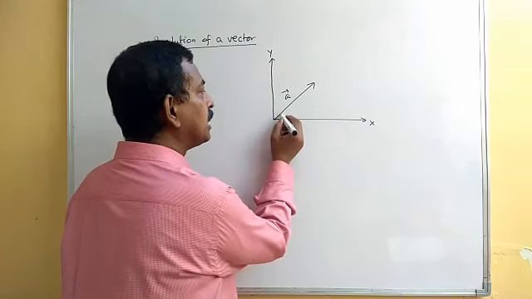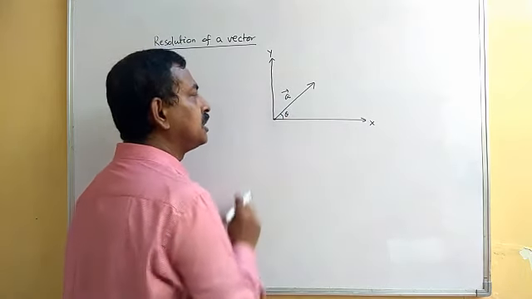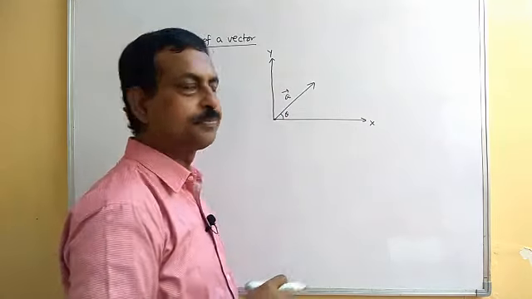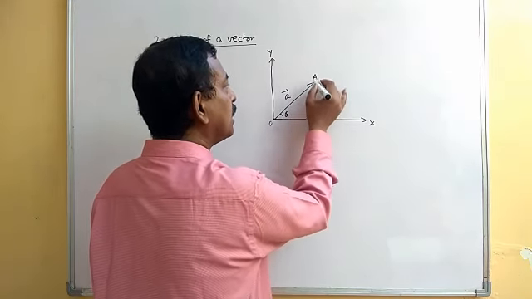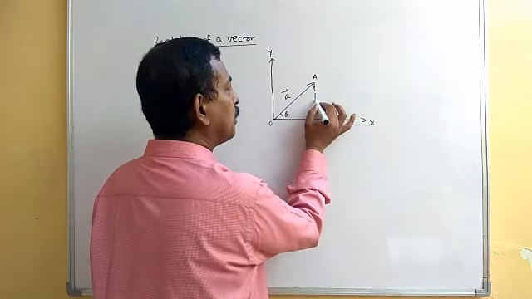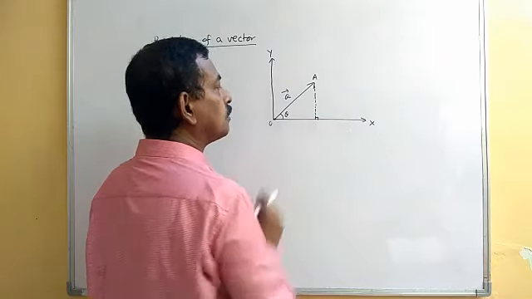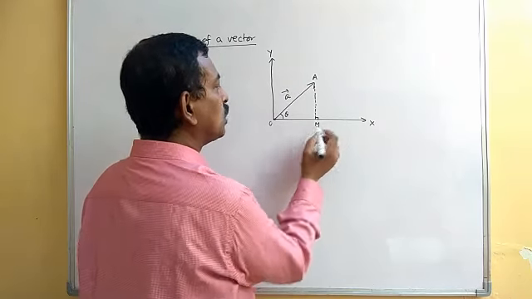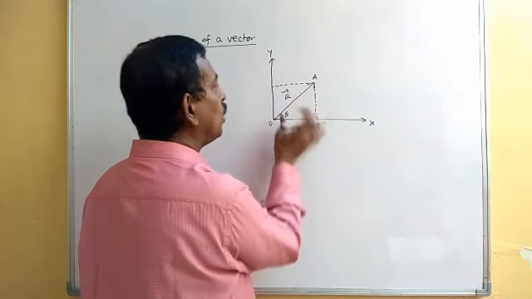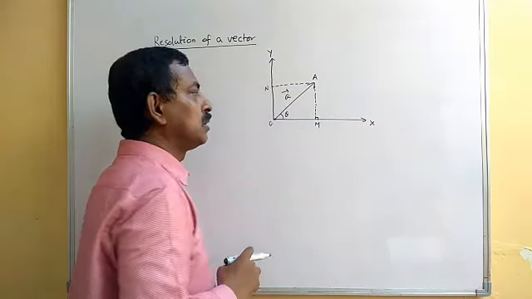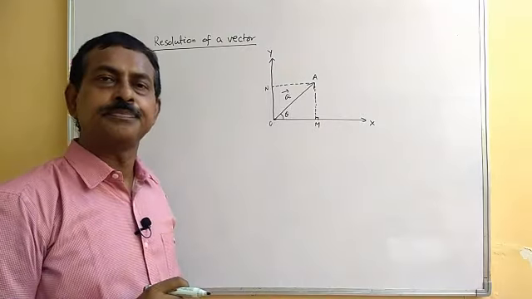Suppose this vector is at an angle theta with the x-axis. So this is point A, and this is your A. If I drop a perpendicular from this, then this is suppose your M. On the X axis it is your OM, on the Y axis it is suppose ON.